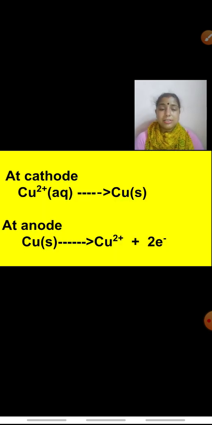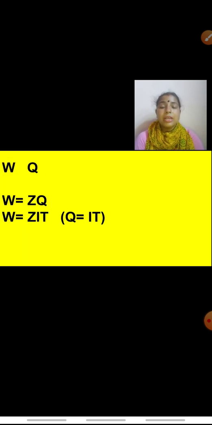Now children, coming to Faraday's law. What was stated in Faraday's law? That the quantity of any substance deposited or liberated at any electrode, as in this case copper deposited at the cathode, depends upon the quantity of charge passed in the electrolytic solution through the battery. This is your first law of electrolysis.